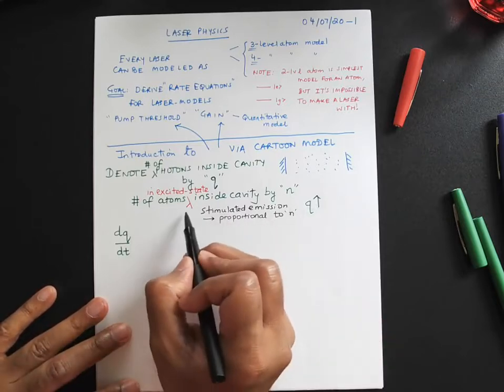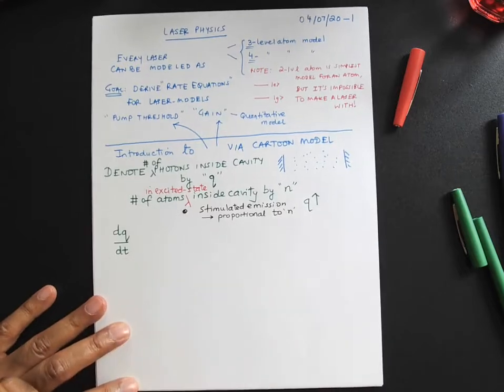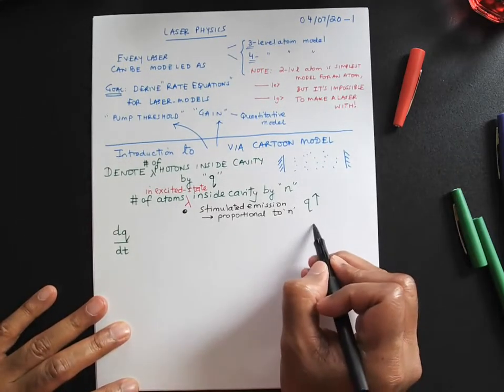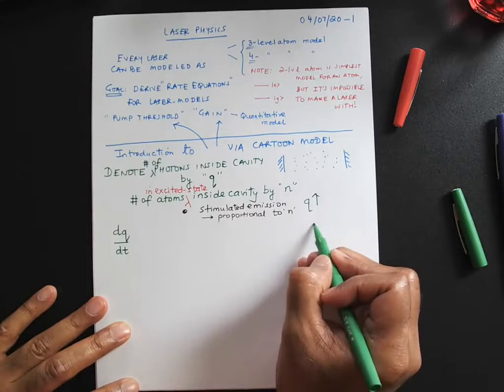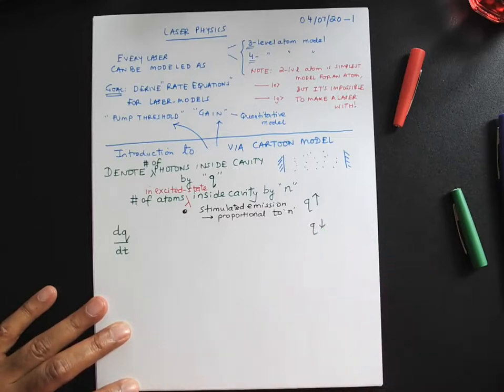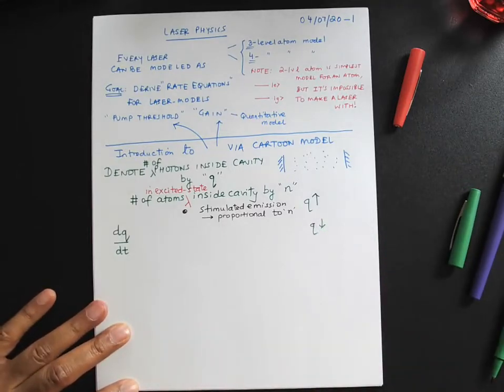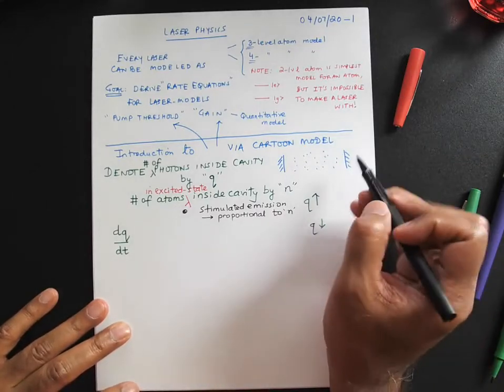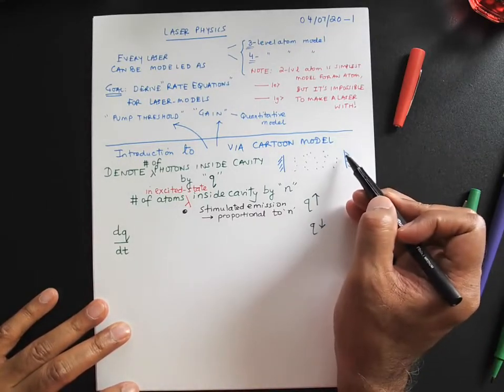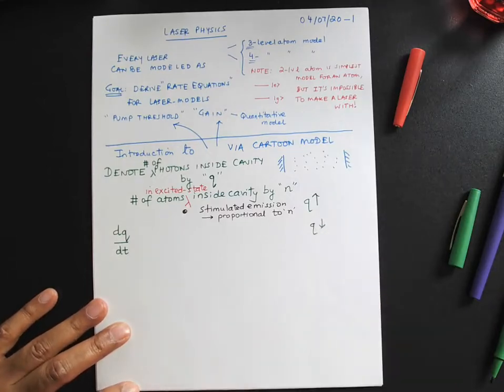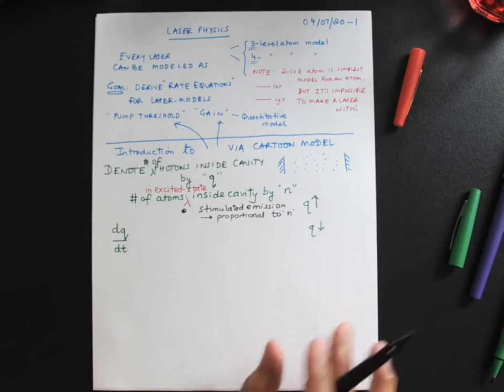So that's one thing. And then the other thing is, what makes Q go down? The first thing is losses. We call them losses, but not all loss is bad.